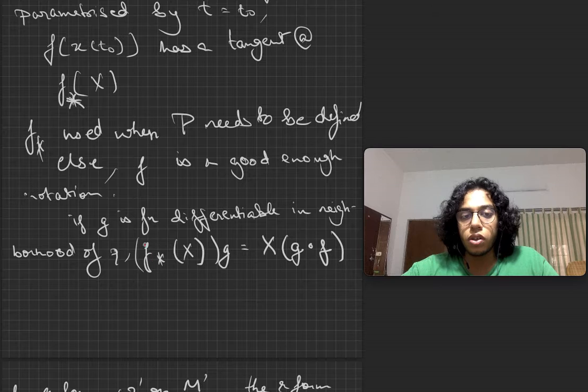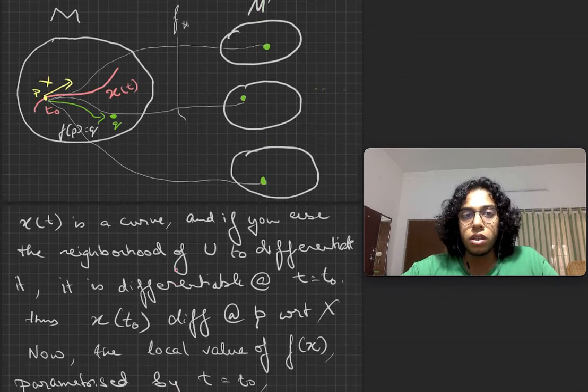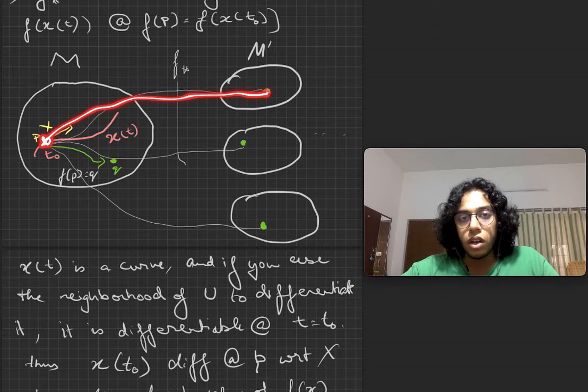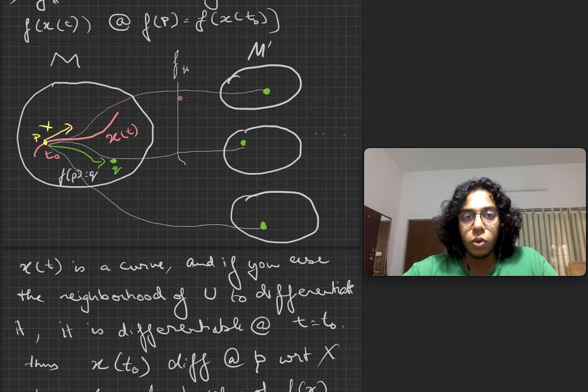So this is essentially saying that you have f star at x, which is the mapping, with x given by the local neighborhood. f star is what decides which mapping of M to M dash happens.